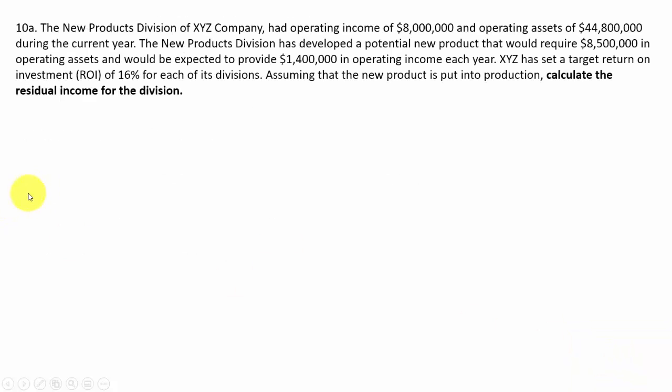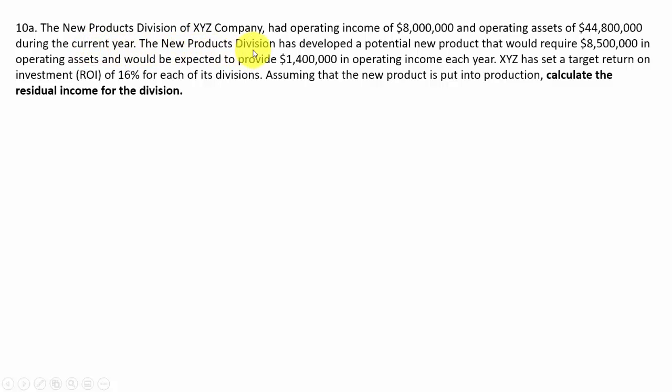Our last question deals with, let's see, the new products division of XYZ Company had operating income of $8 million, operating assets of $44,800,000 during this current year.